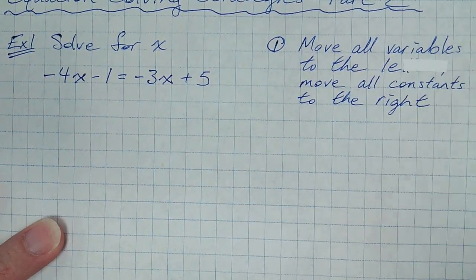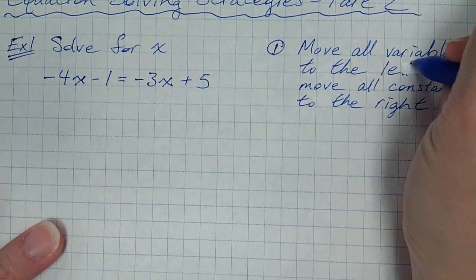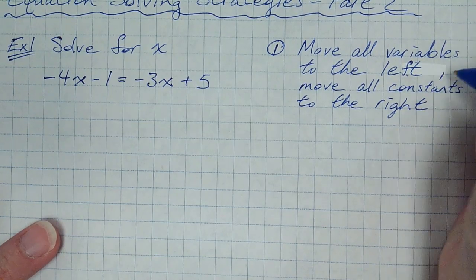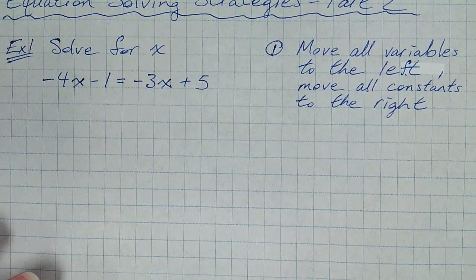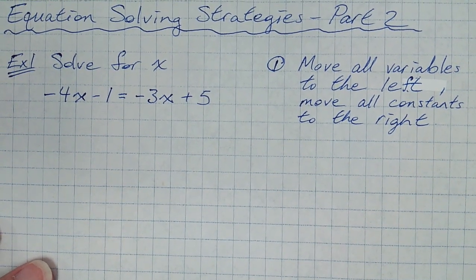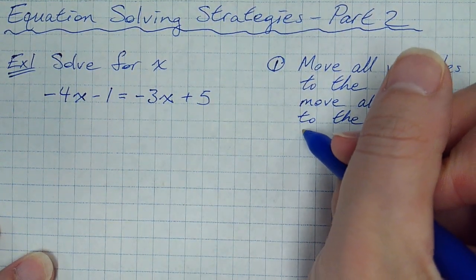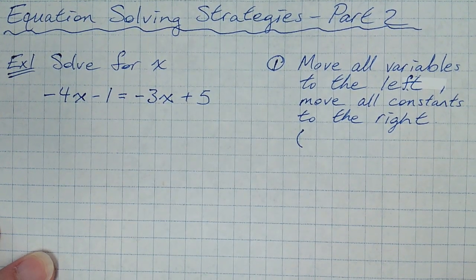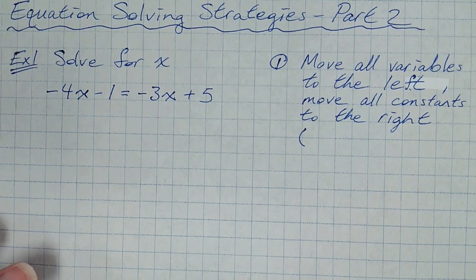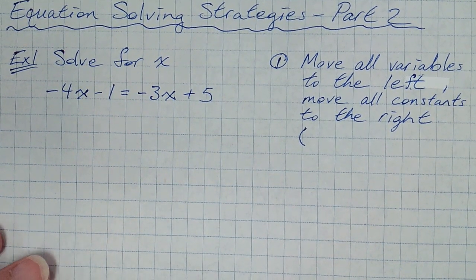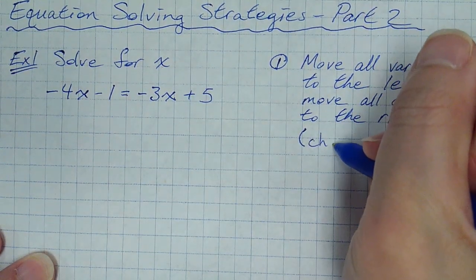This is what happens when you write faster than you think. Okay. Move all variables to the left. Move all constants to the right. When you move something to the other side of the equal sign, what do you have to do? Yeah, so don't forget to change sign.